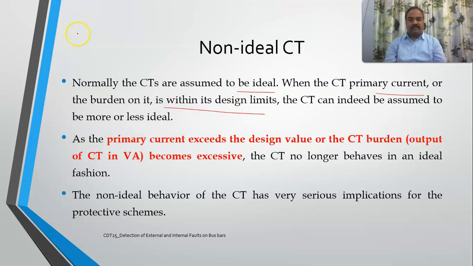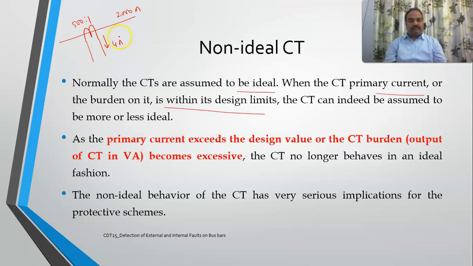Let us suppose there is a line which is carrying 2000 amperes of current. I do have a CT, let us suppose its ratio is 500:1. So normally what is the secondary current which will be flowing in the circuit? It will be 4 amperes, right? So it is the ratio which is to be maintained, right?